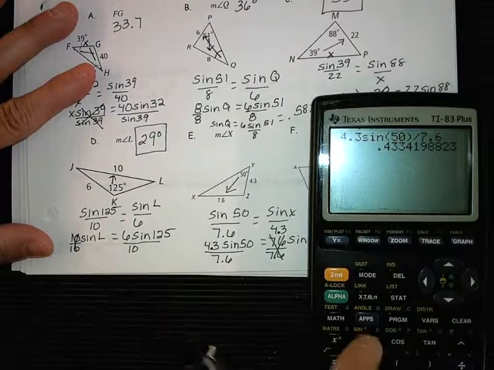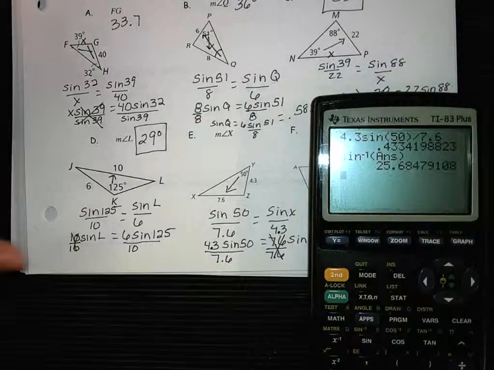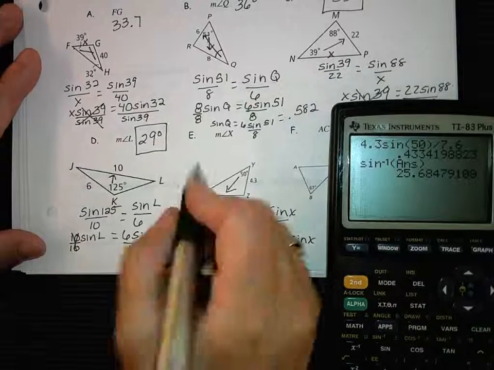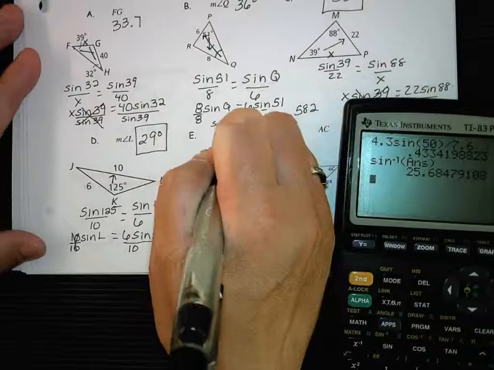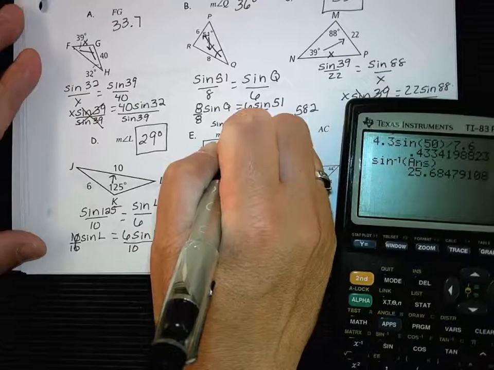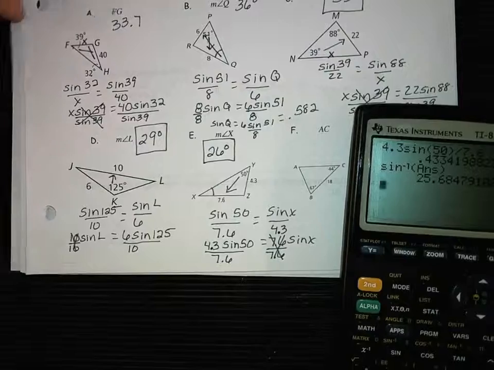And now if we do inverse sine and the answer, we end up with 25.6, and that tells us that angle X is right about 26 degrees. Sorry about that mistake in that one.